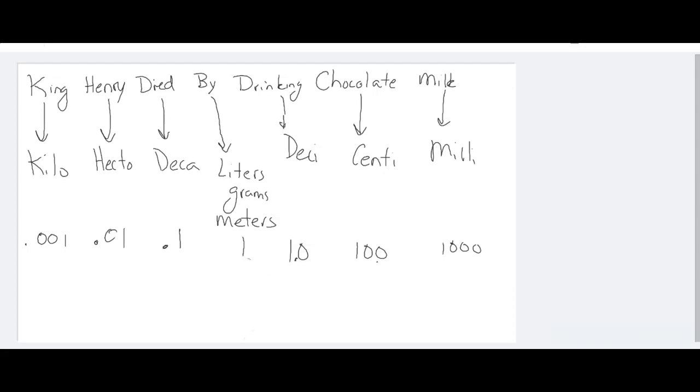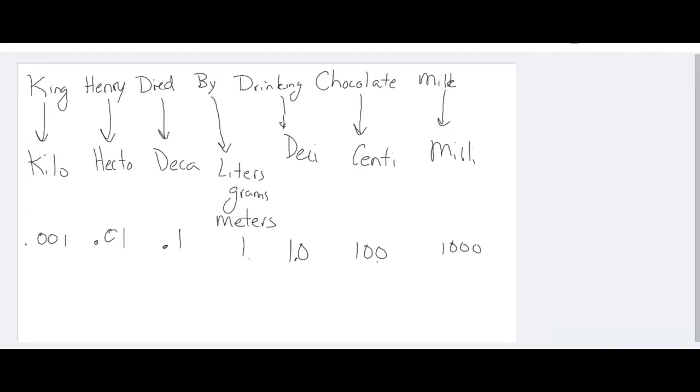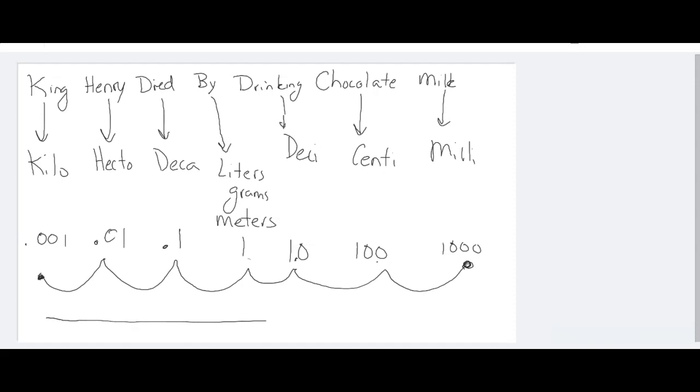We would start at our unit that we were given, which is kilometers, and we would go to the right until we hit the millimeters. So we start here and we jump once, twice, 3 times, 4 times, 5 times, 6 times. And which direction did we move the decimal point? We were jumping to the right.